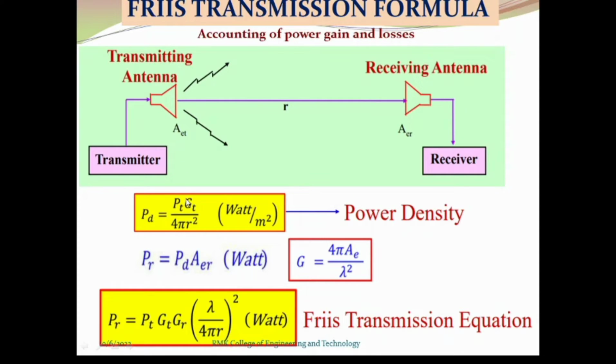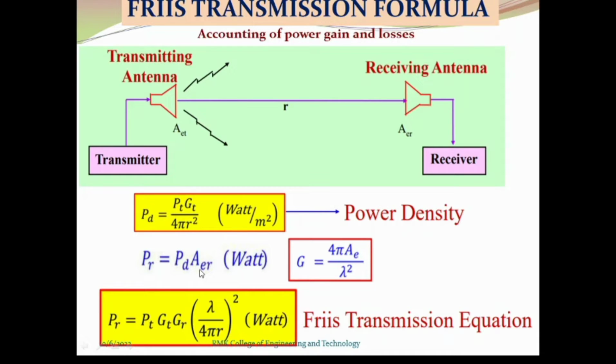The power density is calculated in this way, and the received power is calculated by multiplying this power density by the effective aperture of the antenna. Based on the antenna dimensions or opening end, the power reception will be different, right? The effective aperture depends on the size of the antenna system. It may be a linear antenna, a parabolic reflector, a horn antenna or a loop antenna.